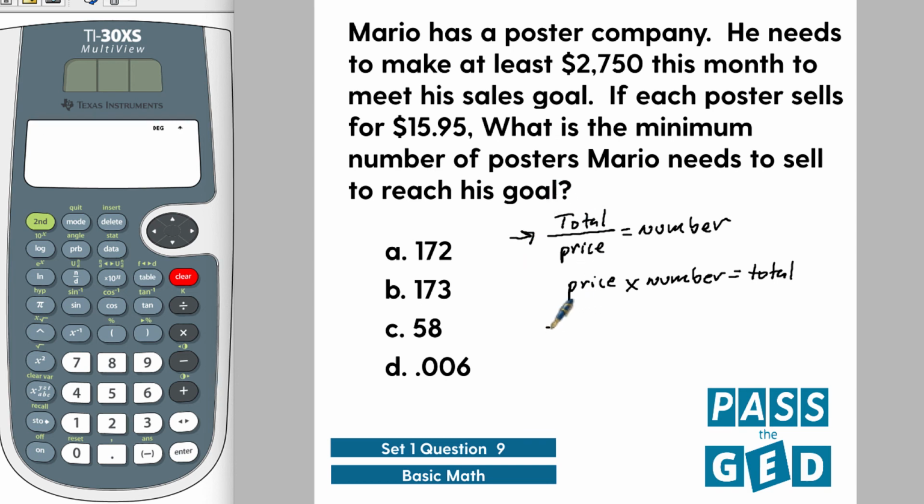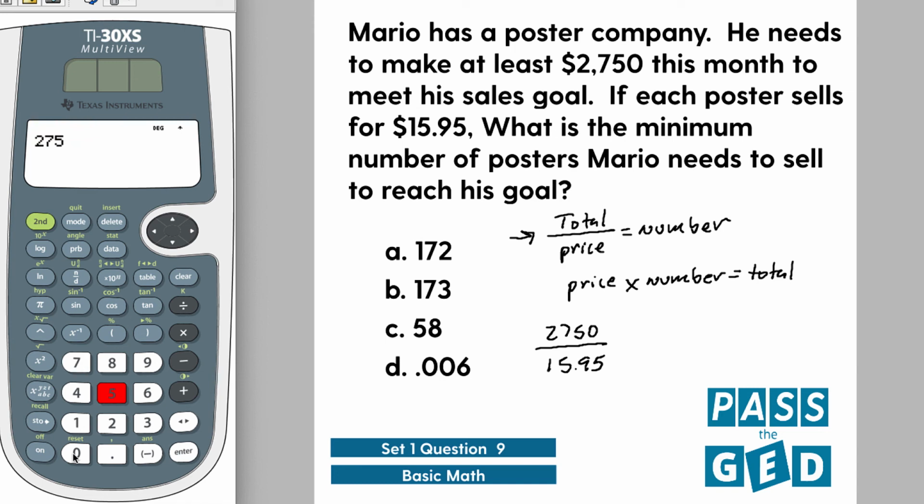And so the total is 2,750 divided by 1595. So we can use the calculator over here. This is the GED calculator that you will see on the actual test. So it's worth getting familiar with it. So 1595. And that was going to give us 172.41.